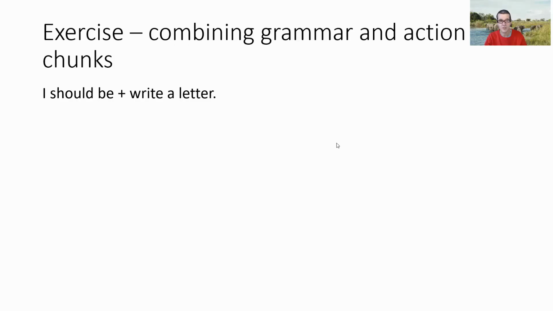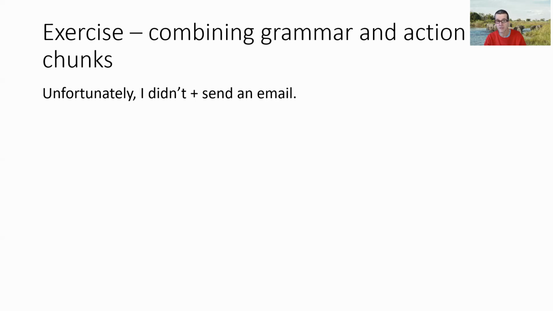Okay, first one, I should be plus write a letter. I should be writing a letter. Easy, because it was already in the examples. She enjoys plus write a letter. She enjoys writing a letter. I should have plus write a letter. I should have written a letter.